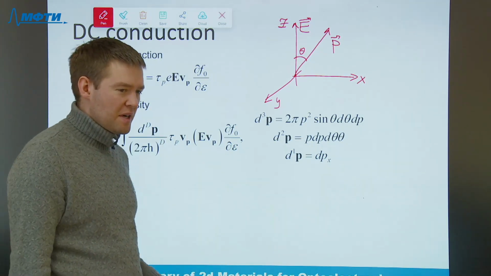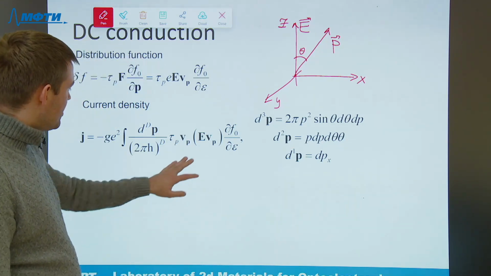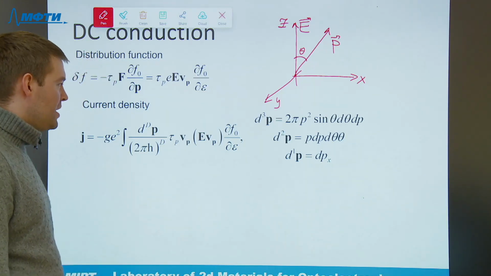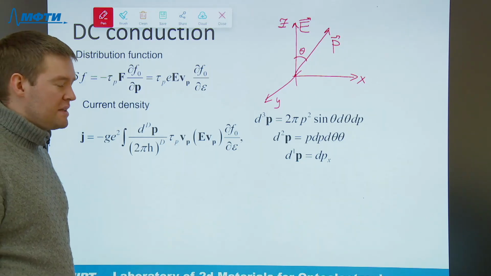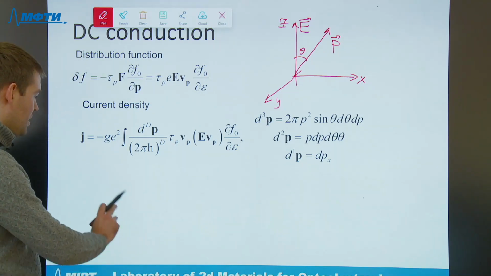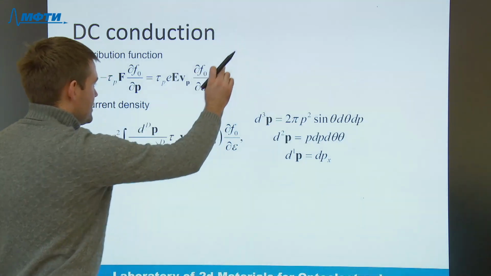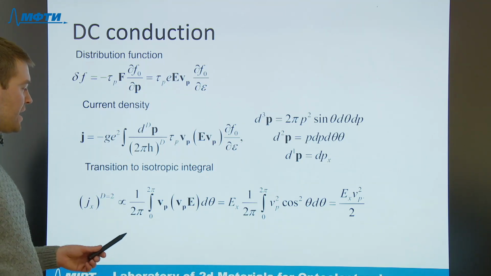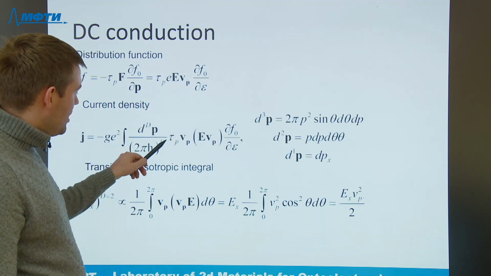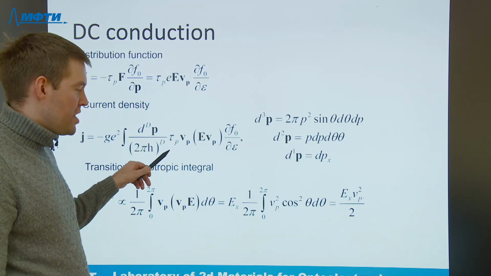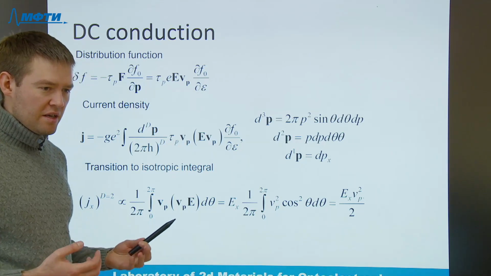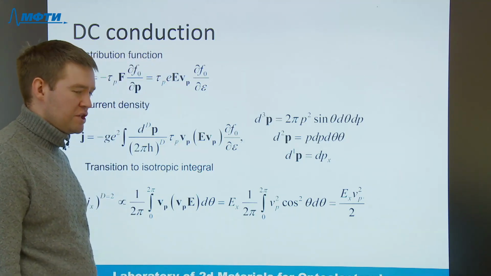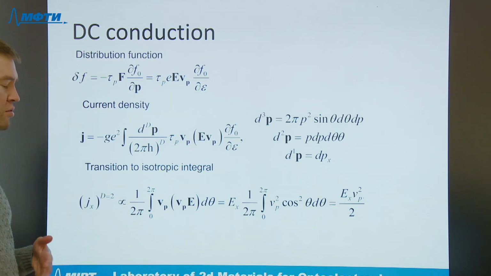Actually, it's instructive that the momentum integral of this equation can be taken in a very abstract form, independent of the dimensionality that we are dealing with. It is best seen on the example of 2 dimensions. We can first make the averaging of this vectorial expression with respect to the angles, and then consider only the isotropic part, the integration of the isotropic part with respect to the momentum modulus.